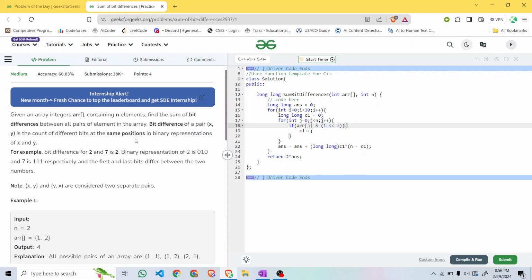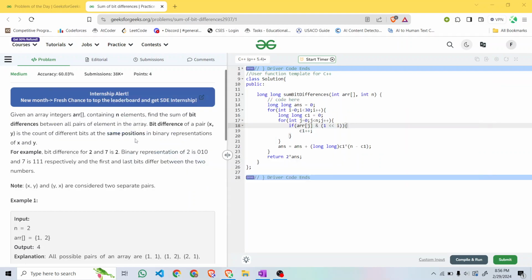If in the same position between two numbers the bits are different, say the zeroth bit is 1 for one number and 0 for the other, then that would be a bit difference, and we're supposed to count all of the bit differences.